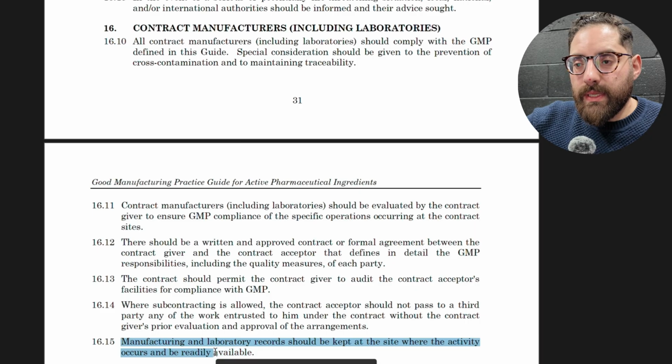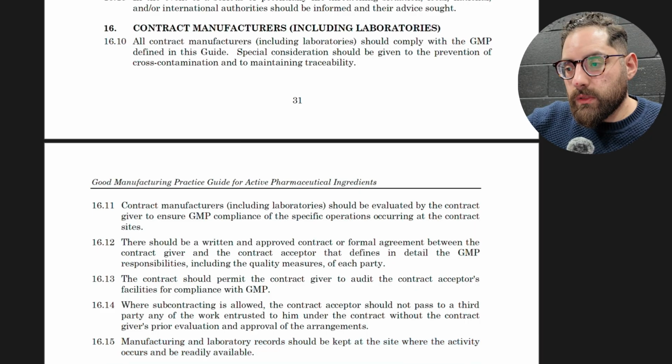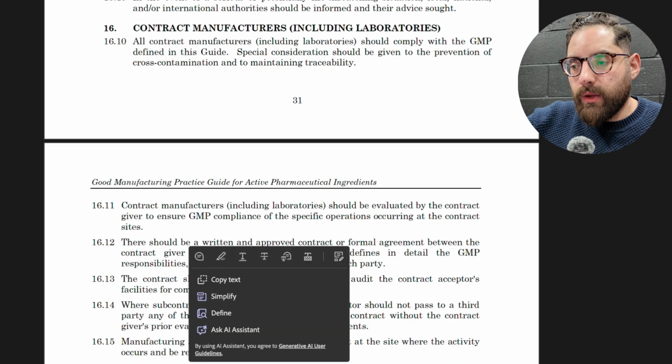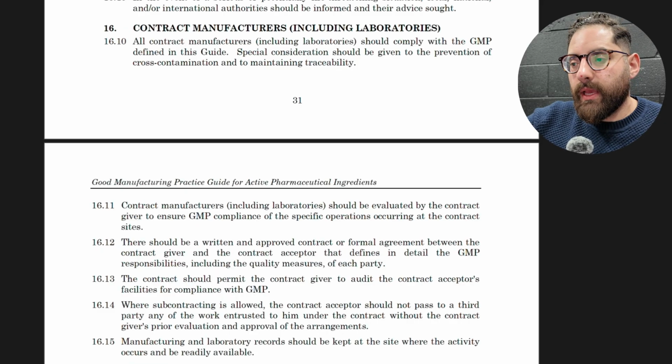Manufacturing and records need to be kept at the site where the activity occurs, and changes to process, equipment, test methods, specs, or contractual requirements can't be made without the entity that's responsible for the API being informed and approving the change.